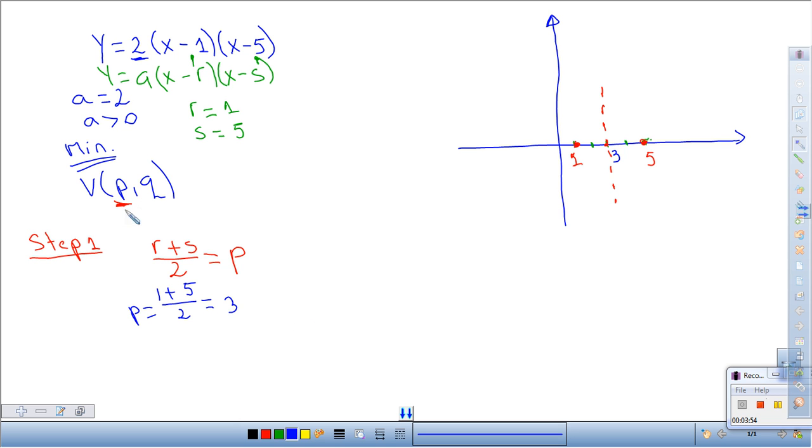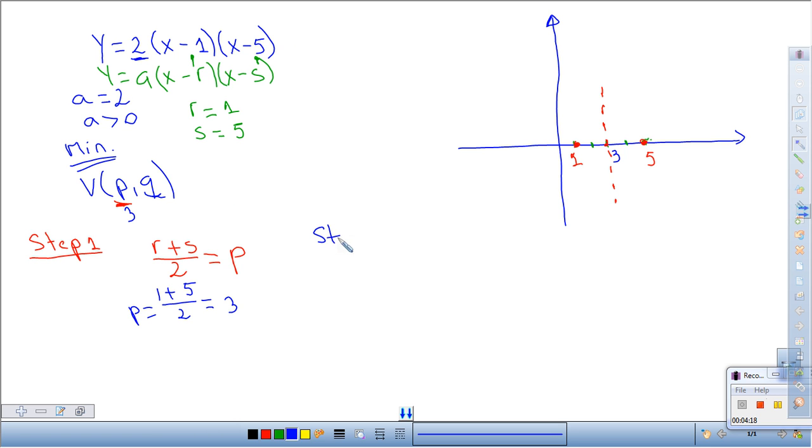So we already found one value in that vertex point. Now let's think about the Q value. If I know the x coordinate of the vertex, how would I be able to find the y coordinate of the vertex? Y being represented by Q. Well, I can substitute that 3 back into the factored form.